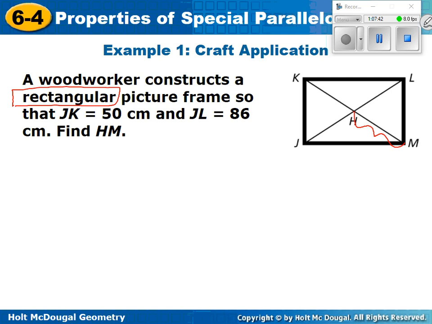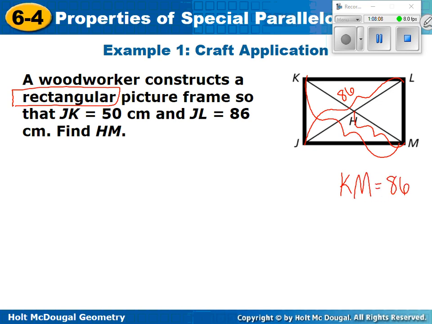So what do they give us that's going to help us with that? JL, this diagonal is what? 86. Okay, how does that help me figure out the other piece of the other diagonal? Okay, rectangles have congruent diagonals. So if JL is 86, then KM has to be 86.